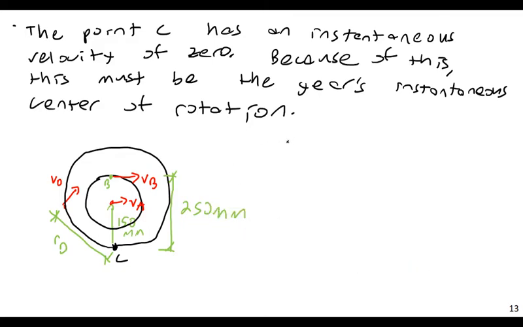So this is our general system here, and we know that this is a model of the center of rotation. I can determine the angular velocity about C based on the velocity of A, because we do know that one.